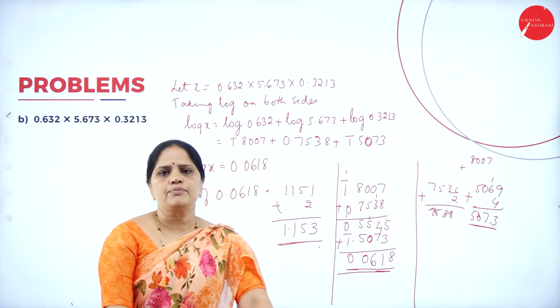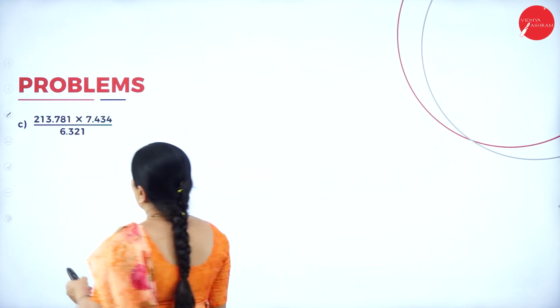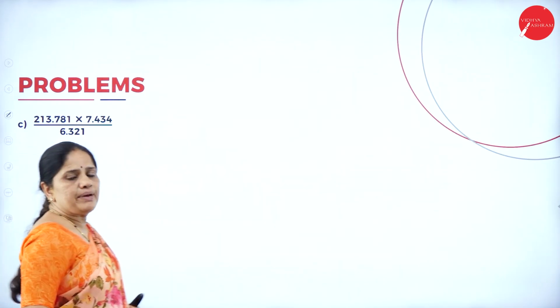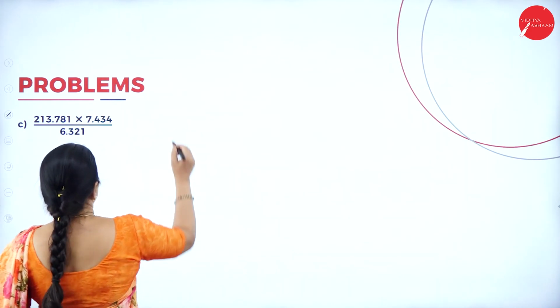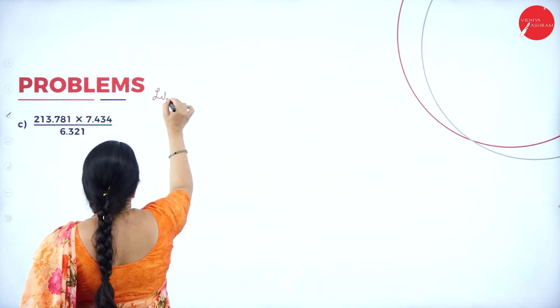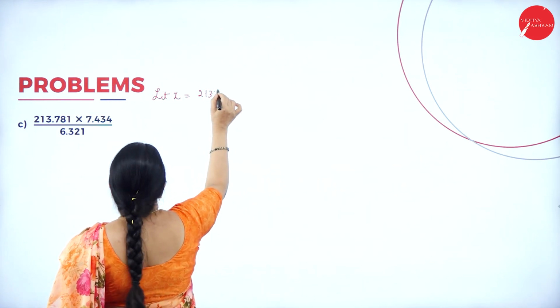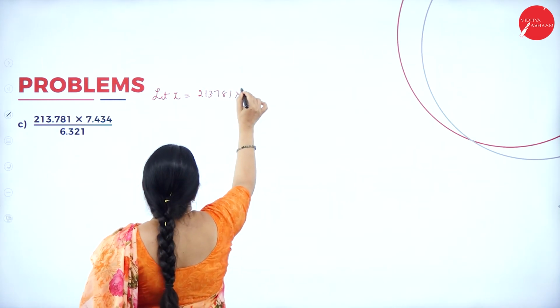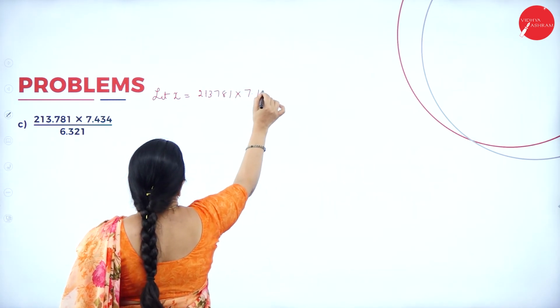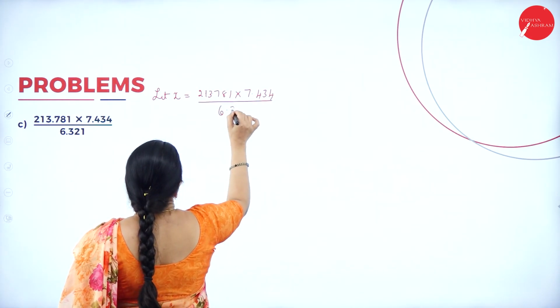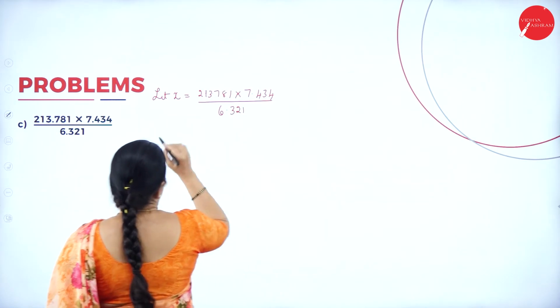Now the next problem. The problem given is 213.781 into 7.434 divided by 6.321. Now let us work out this problem. I will write, let x be equal to 213.781 into 7.434 whole over 6.321.